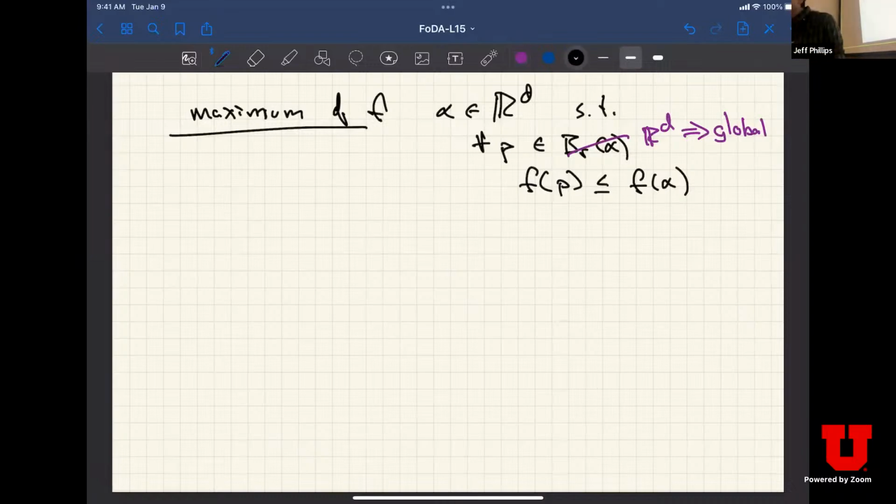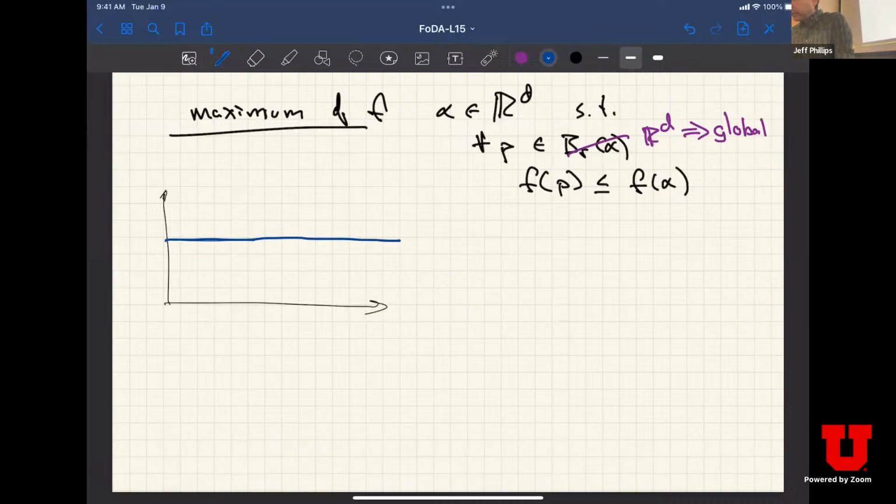Okay, I want to give another example here. Let's say I've got a function f of x equal to 3. It's a constant, right? So it doesn't matter what the value of x is here.